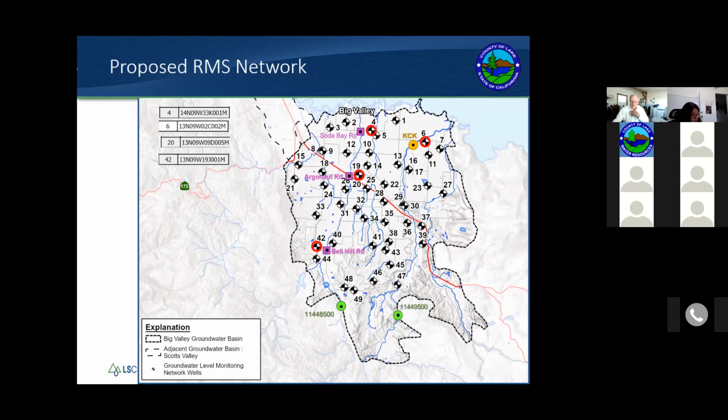However, you need a very high level of confidence that the model is accurate and representative of the conditions. But that's an option. For now, I'm going with the traditional way, looking at the stage gauge and the well adjacent to these gauges. So let's first start with the Kelsey Creek gauge.